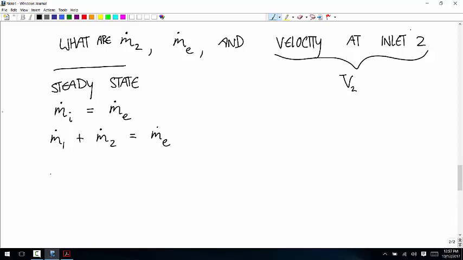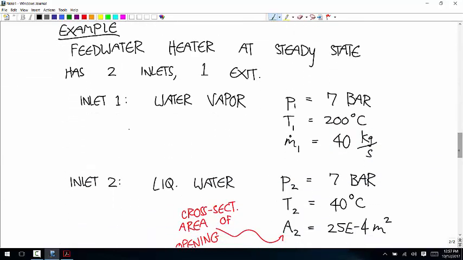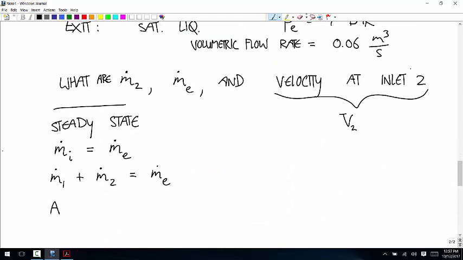Let's not change what we don't have to. Inlet 1, we know what that mass flow rate is, so I'm not going to change that one. M1 dot.